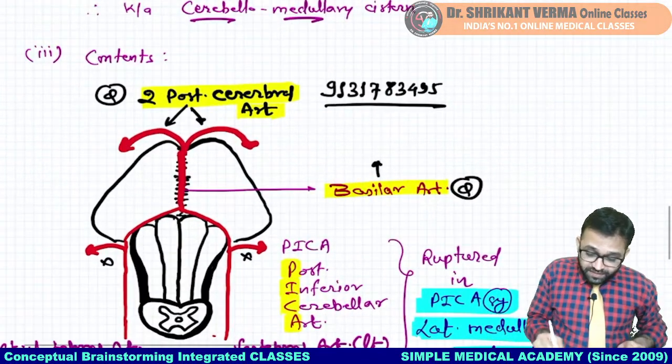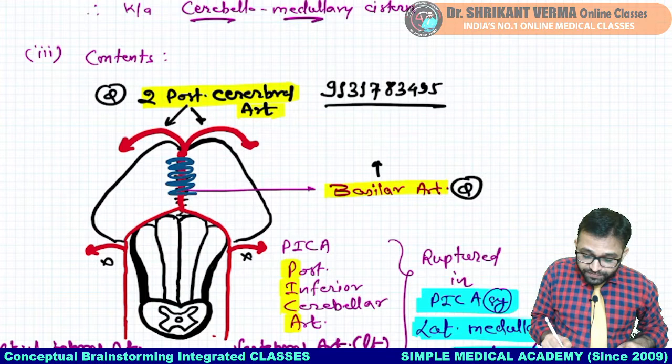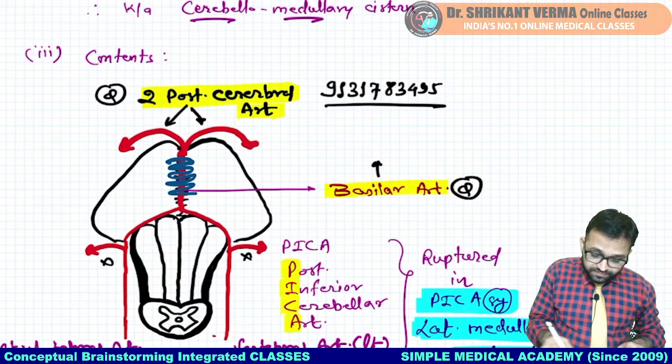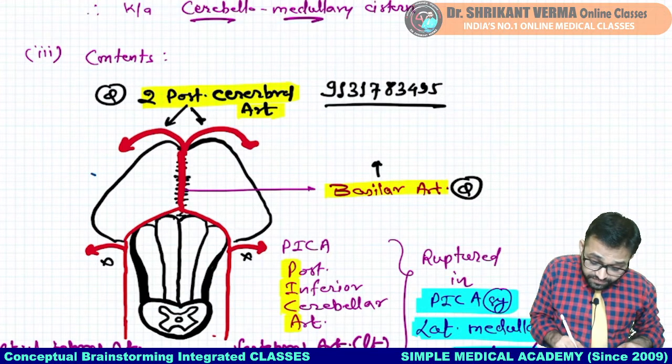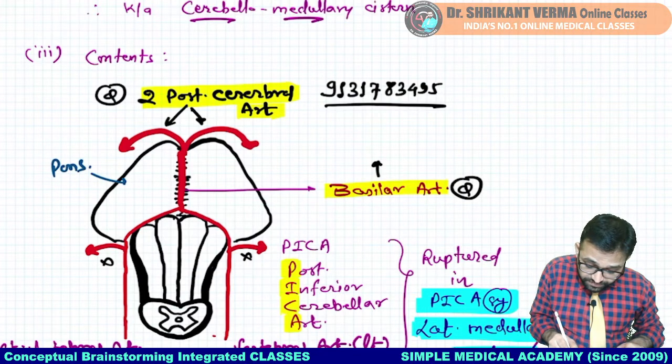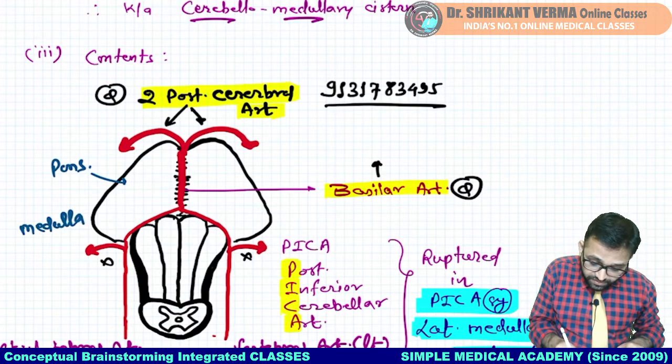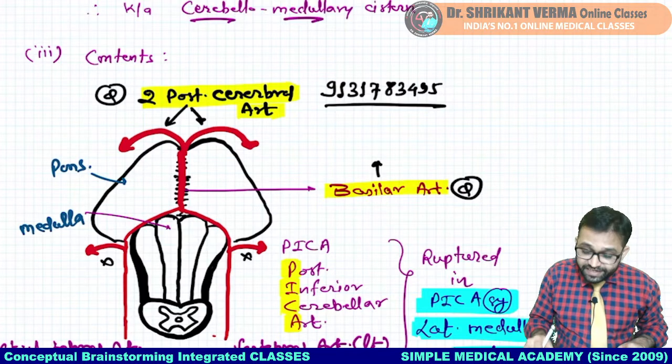Can you tell me which cistern is found just in front of the pons? Very good. This is the pons, here is the medulla. So can you integrate with your clinical point?